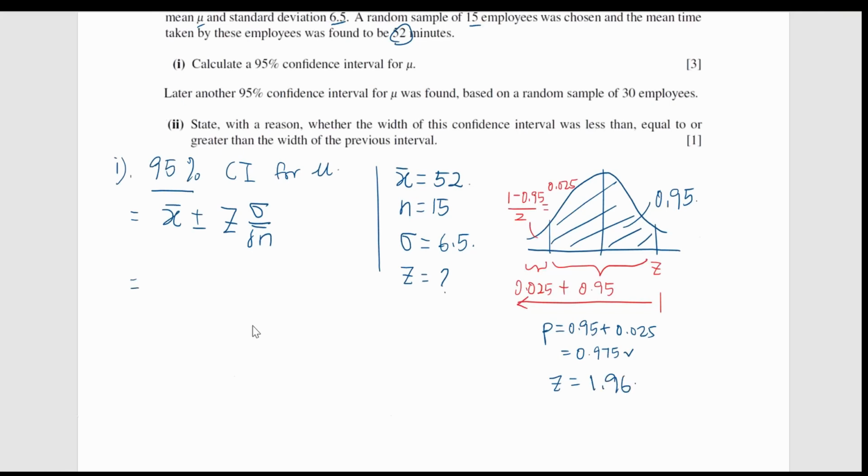Then we are able to find out the confidence interval. Right, so we can calculate. So we keep to 3 significant figures, 55.28.